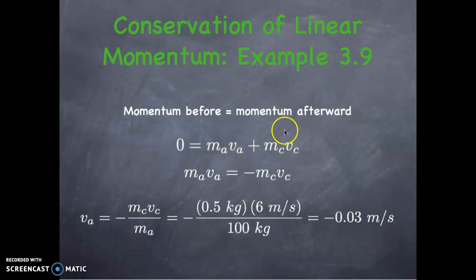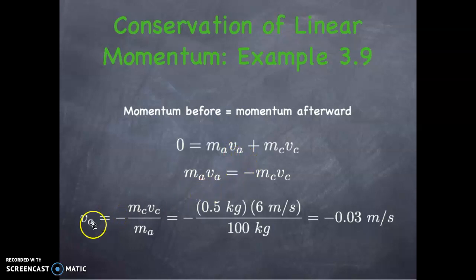In the latter case, when the astronaut has thrown the camera, the astronaut's mass, we call it ma, times the velocity of the astronaut, v sub a, although we don't know it at the moment, plus the mass of the camera times the velocity of the camera. This sum on the right must add to zero. So there must be a negative sign somewhere. That's the only way you can get two apparently positive quantities to add to zero.